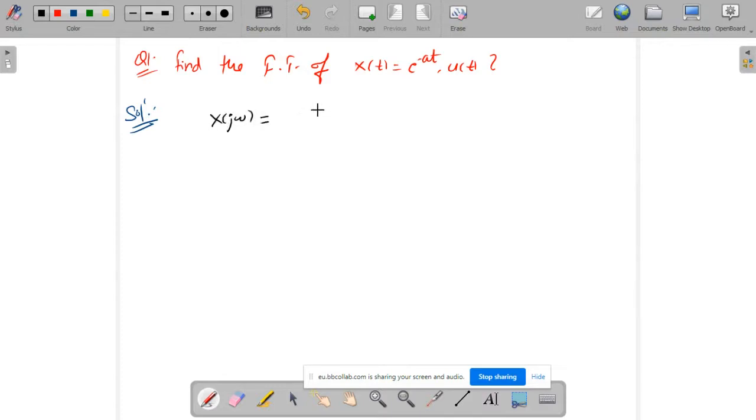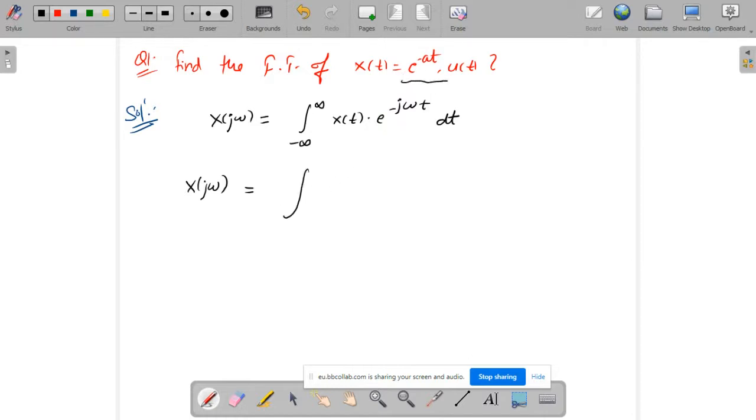Fourier transform, in comparison to Fourier series, is easy. So, the integral from minus infinity to infinity, first we have to write the x(t) signal, and then e to the power minus j omega t dt. This is the Fourier transform formula for X(j omega).